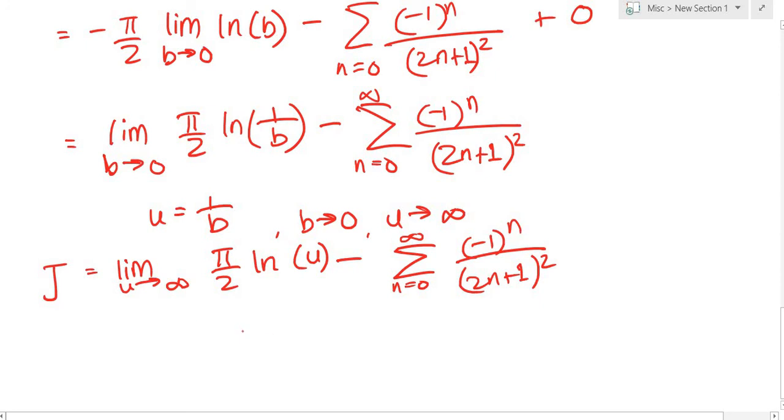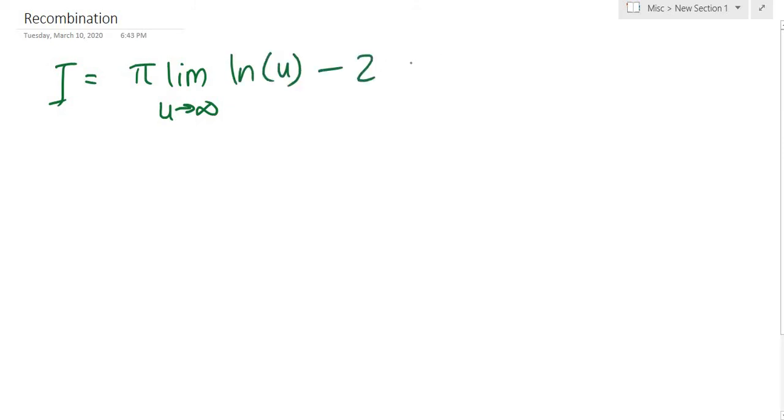So let's recombine everything. If you remember correctly, our original I was just pi times the limit as u went to infinity of the natural log of u minus 2 times whatever we found for j. So basically j is multiplied by a negative 2 and then added back to this expression.